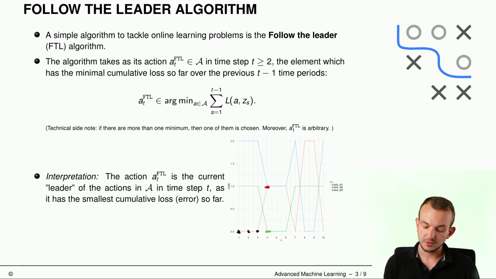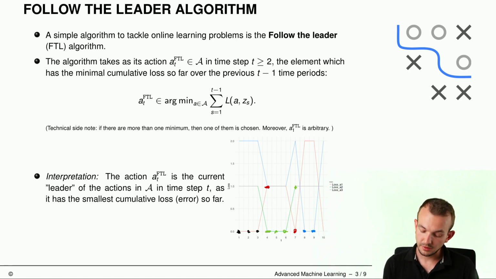So now you see the leader in terms of the cumulative loss is not the red action anymore, but the green one. And for the next 3 time steps, the green one will still be the leader, but then in the 7th time step, the red one is suffering a loss of -1, the green one a loss of +1, so that here again there's a change between the two.